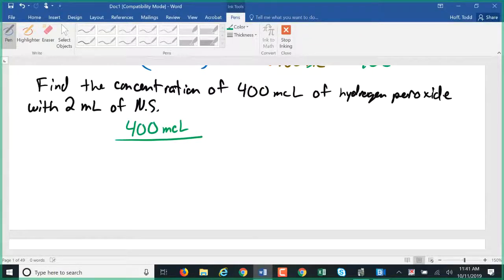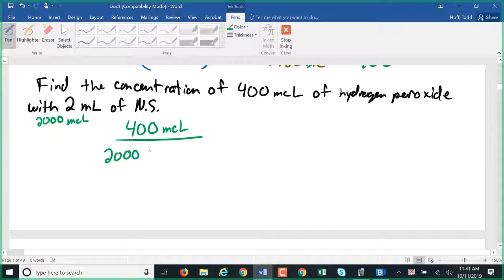So on this one, we have the 400 microliters of hydrogen peroxide. But we notice that it's mixed with 2 milliliters of saline. So I'm going to convert that to 2,000 microliters right away. So my total volume is that 2,000 microliters plus the 400 microliters.